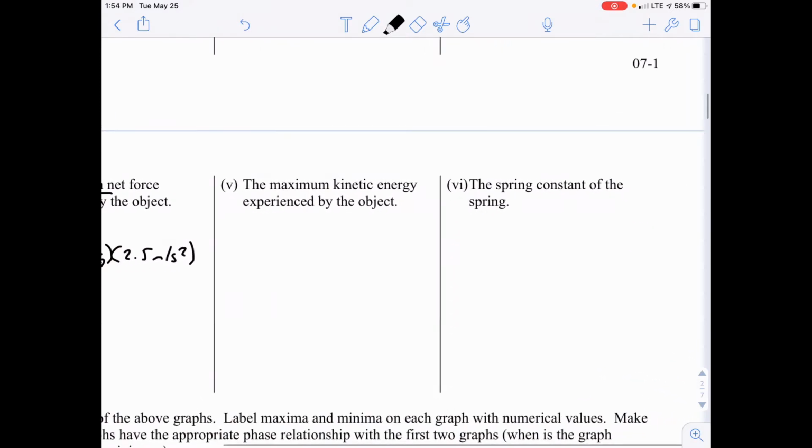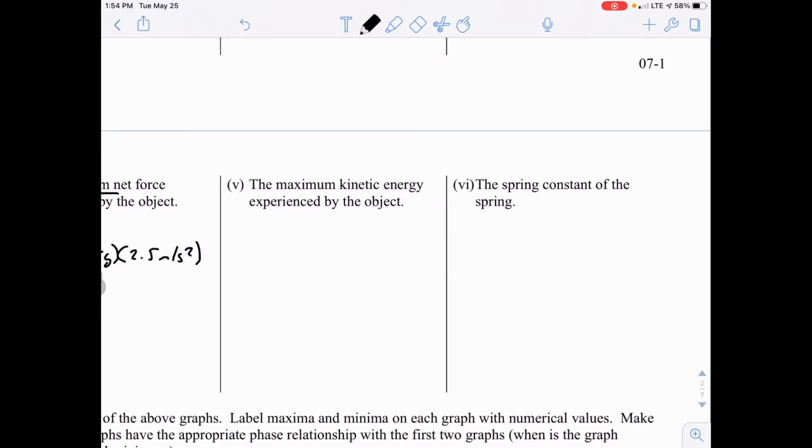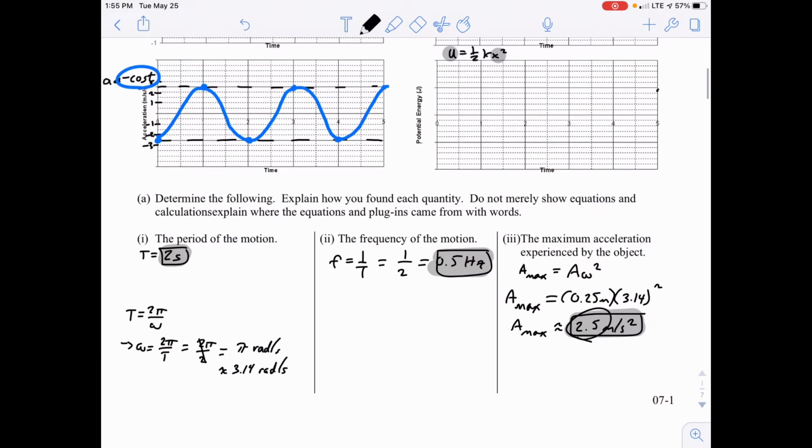Let's calculate the maximum kinetic energy and the spring constant so we can figure this out. Maximum kinetic energy, K max, is 1/2 m v max squared. So 1/2 times 6.8 times v max. We didn't calculate v max, but you can get it from the graph.